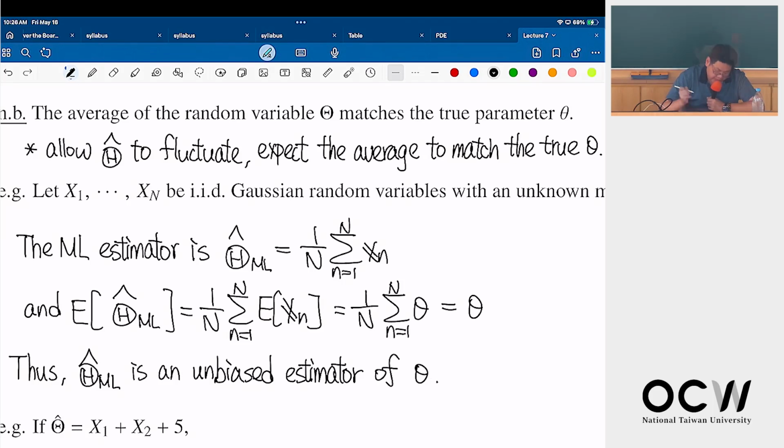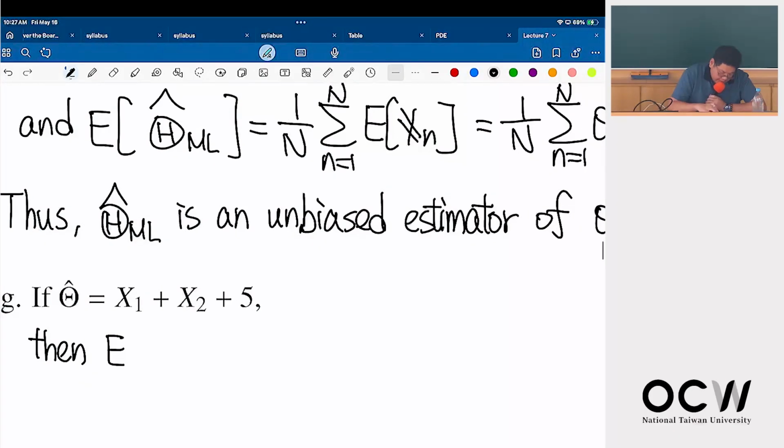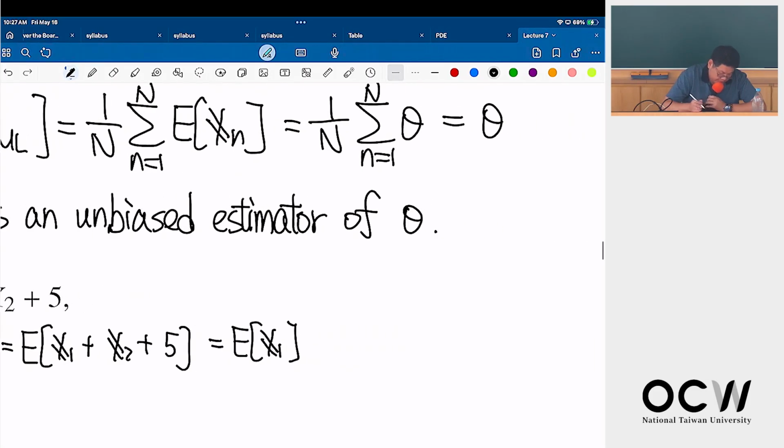Now another example: if my estimator of theta is this random variable x1 plus x2 plus 5, now let's find the mean. The mean is the expectation of x1 plus x2 plus 5.